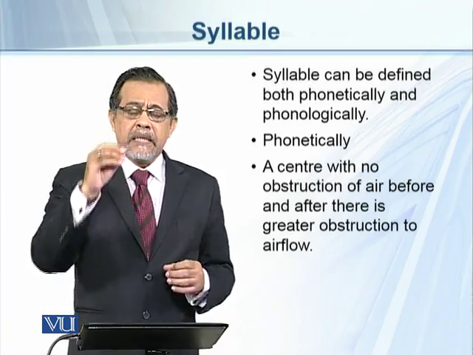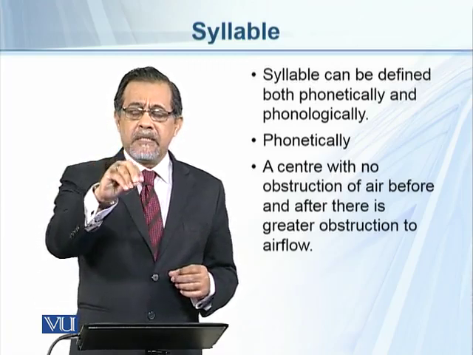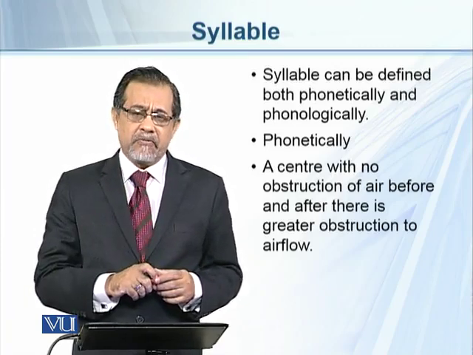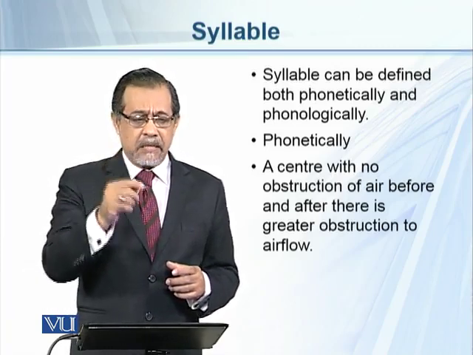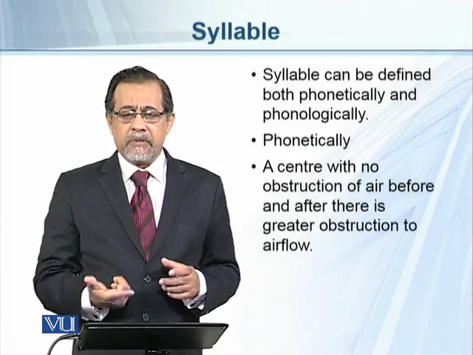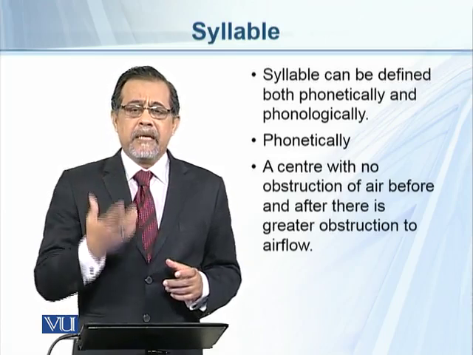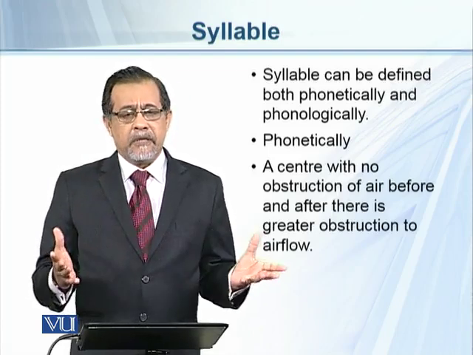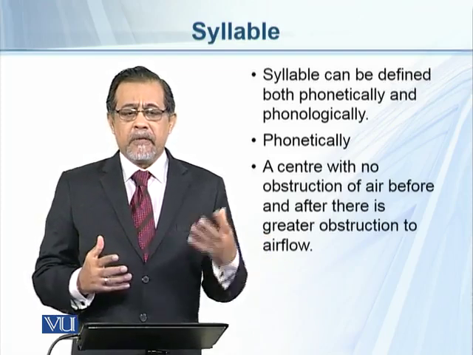It means that the center sound of the syllable has to be a vowel sound, because vowels do not have an obstruction of air, and before and after there is a possibility of consonants.